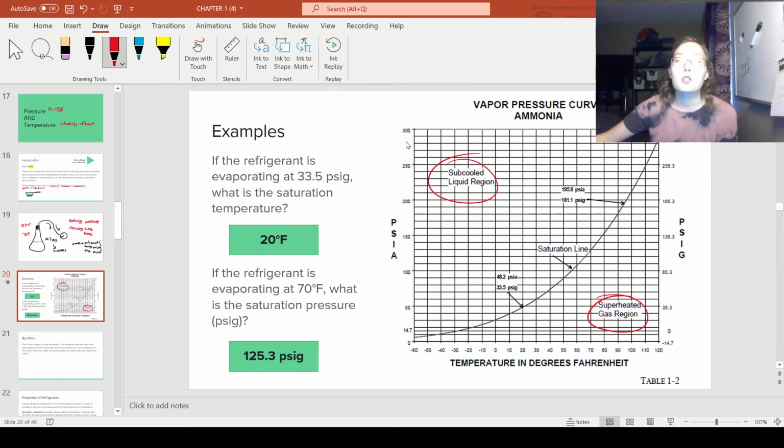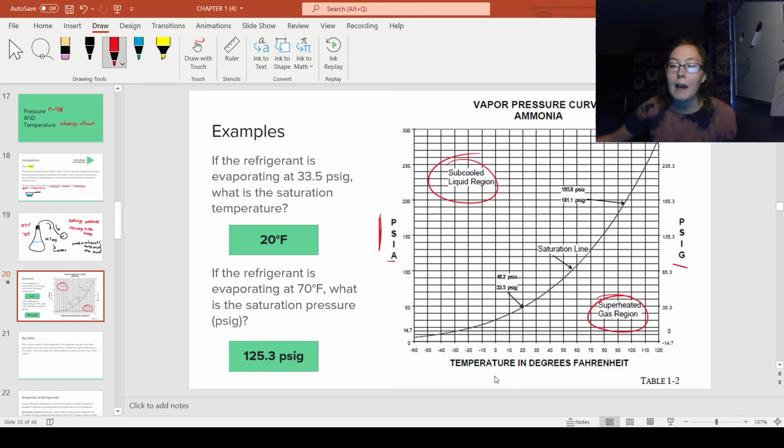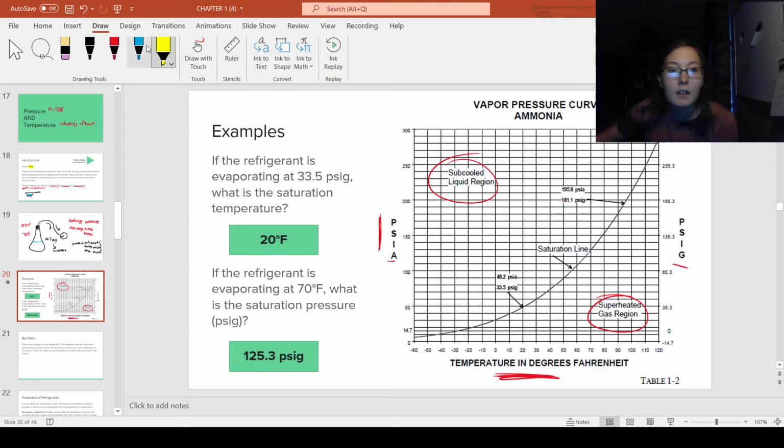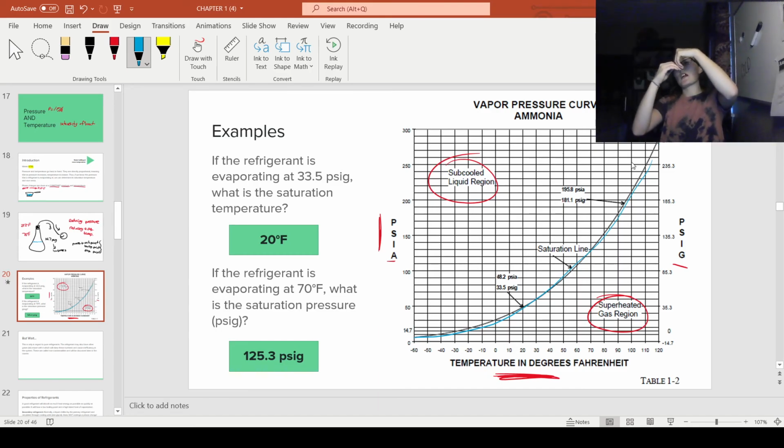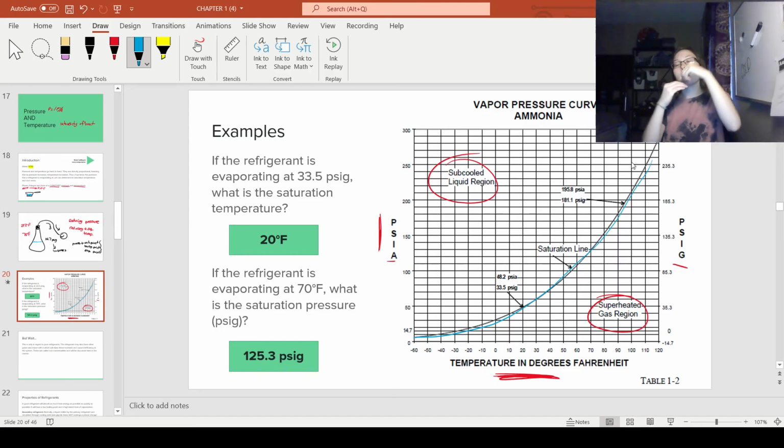And then we have two pressure scales, one in PSIA, one in PSIG, so pressure on this scale, and then we have temperature on this axis. And this line right here is our saturation line. This is where the liquid, in this case ammonia, because it's a vapor pressure curve for ammonia, will boil. So at this pressure and this temperature.